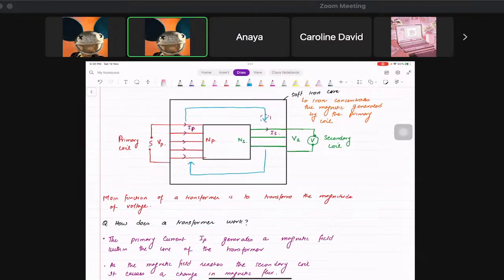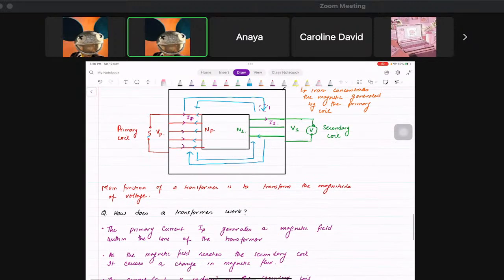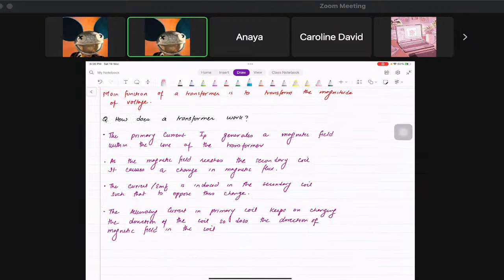Because it is AC, every now and then it will change the direction, and now the field, instead of going this way, will go this way. And now, of course, the direction in this will also change, right? So there's constantly changing flux.